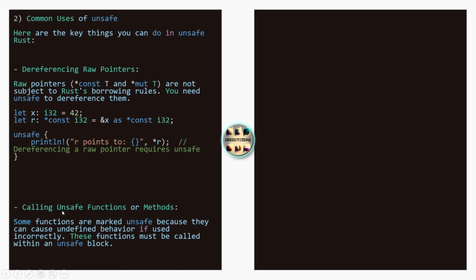So calling unsafe functions or methods. So here we've seen dereferencing raw pointers. Here also it's another thing that we can do, calling unsafe functions or methods. So some functions are marked unsafe because they can cause undefined behavior if used incorrectly. These functions must be called within an unsafe block.